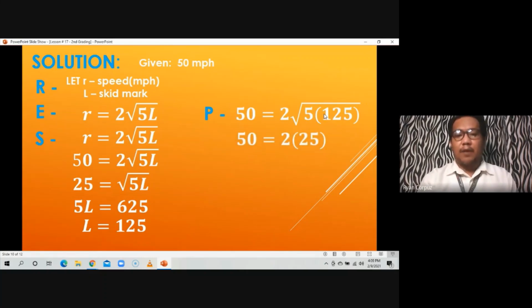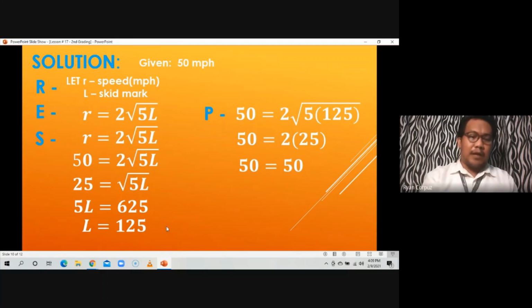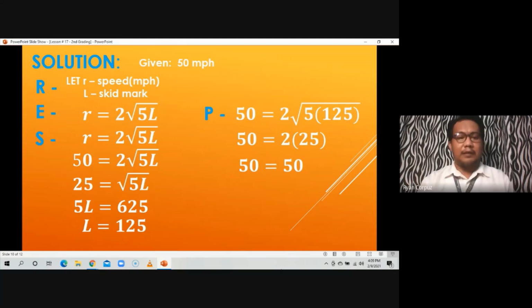And 625 is a perfect square. The square root of it is 25. So 25 times 2 will come up here as 50 is equal to 50. So that means this 125 that we got here as the value of L is really the value that we are looking for in the problem.